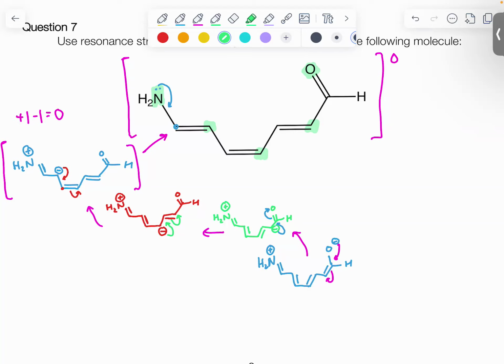Nitrogen will almost always be rich. It's almost always a carbon that will be electron deficient. It is sometimes a pattern, but I wouldn't use it as a rule of thumb. It's a rule of pattern when you have a conjugated system, which means that you have double bonds every other.